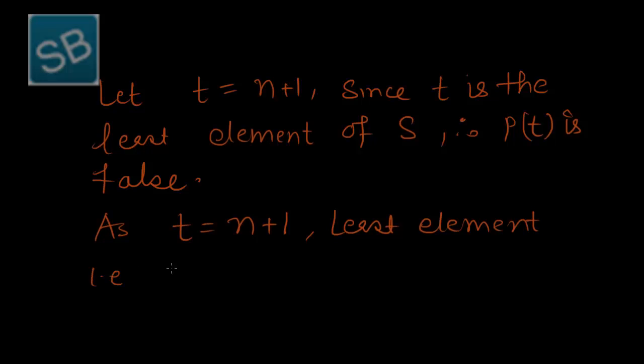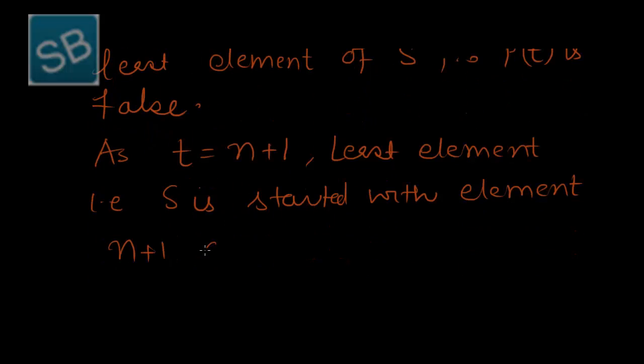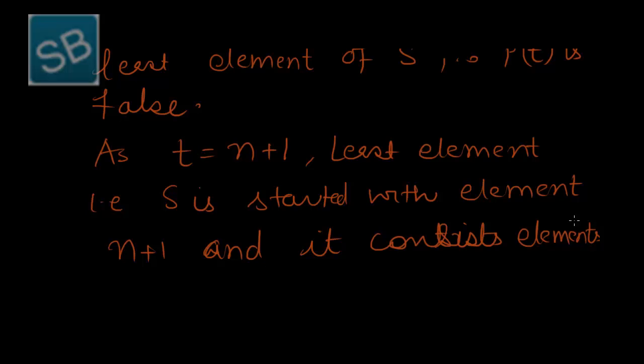As t is equal to n plus 1, this is the least element. That means S starts with the element n plus 1 and consists of elements above n plus 1, that is n plus 2, n plus 3 and so on.